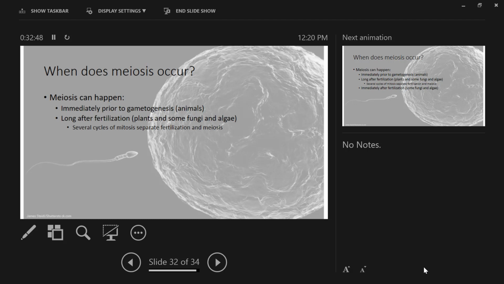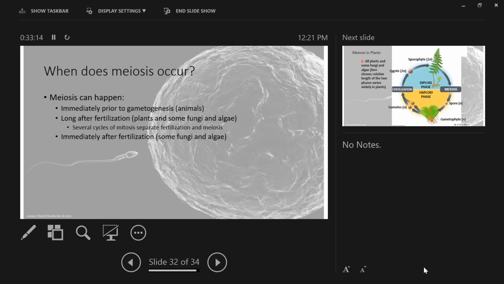And then in between here, you basically have fertilization happen and then a whole bunch of steps of mitosis before you finally go through meiosis. But the actual gametes, they're not formed by diploid cells. The gametes are formed by haploid cells through mitosis.